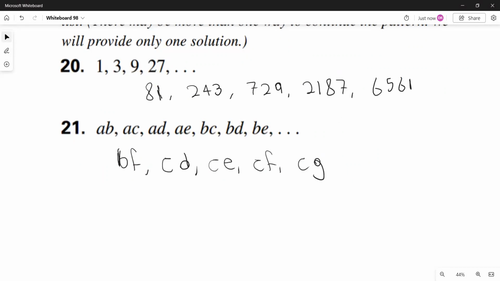Strategy number 5 is to draw a simple version of the problem. So that's on page 7.